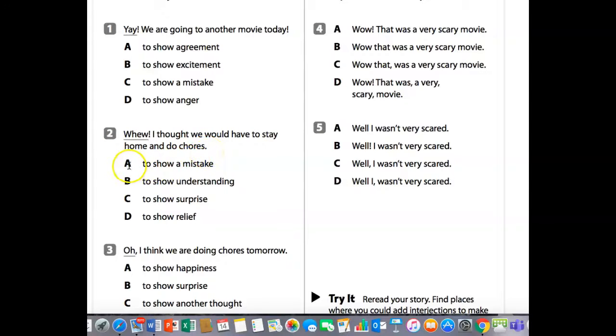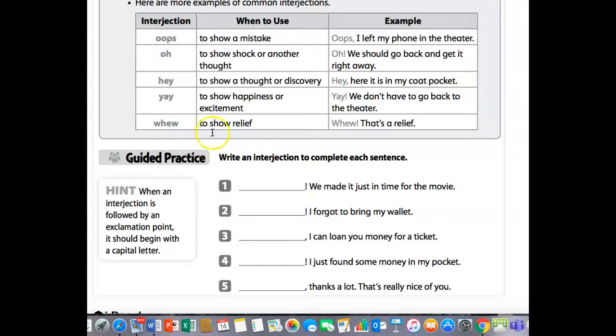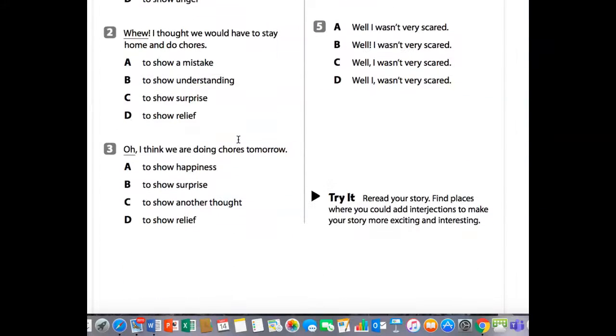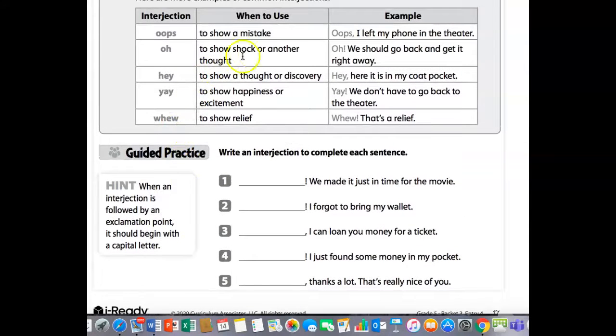Does that show a mistake, show understanding, show surprise, or show relief? If you need to, go back up here. Number 3. Oh, I think we are doing chores tomorrow. Does that show happiness, show surprise, show another thought, or show relief? If you go back up here, that tells you right there.